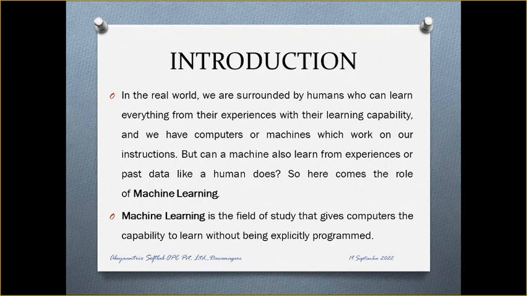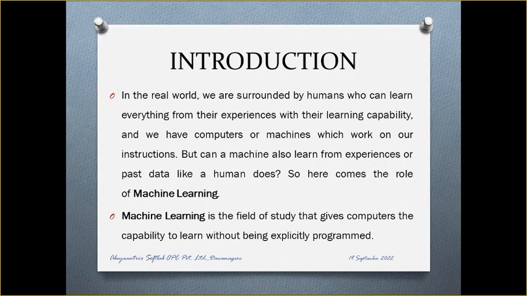It can decide, it can think over the situation, and it can react to it. All of this it can do on its own, by providing the past data. It is going to analyze, learn, think, and react to the situations.